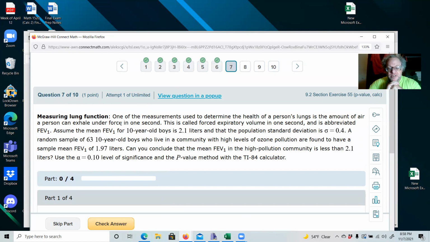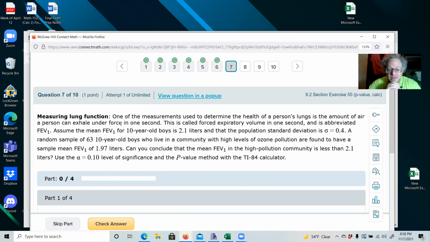It says one of the measurements used to determine the health of a person's lungs is the amount of air that a person can exhale under force in 1 second. This is called the forced expiratory volume in 1 second, abbreviated FEV1. The average FEV1 for 10-year-old boys is 2.1 liters. I'm sure they delighted in taking this test.